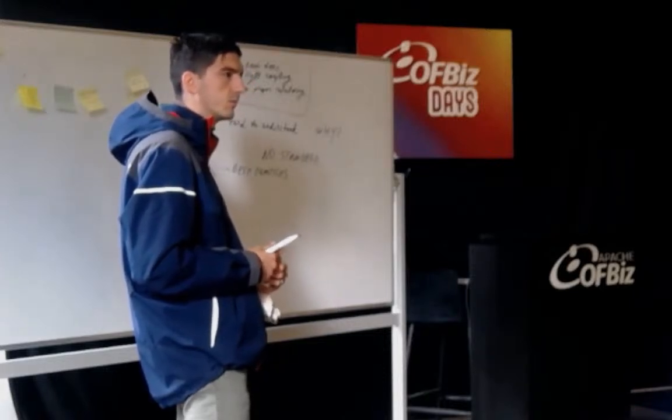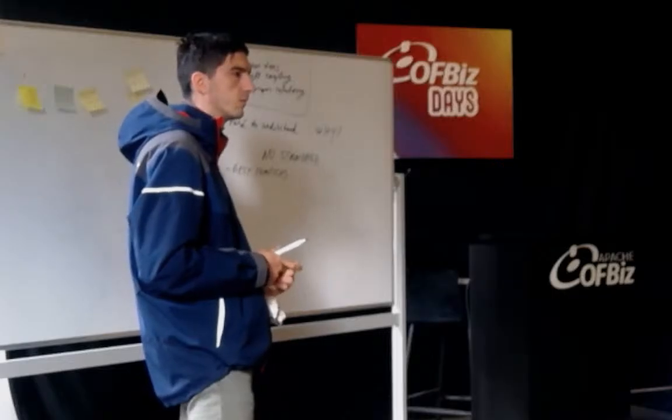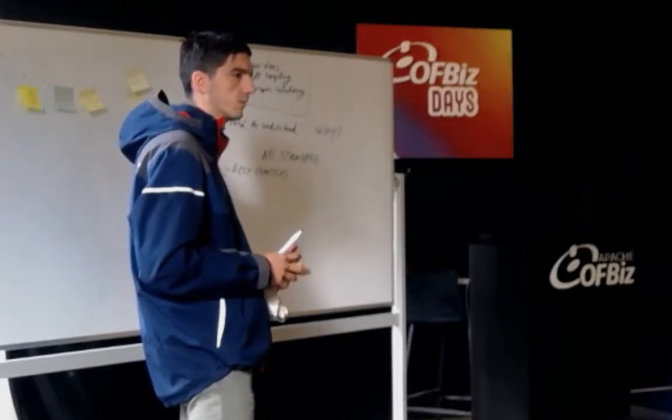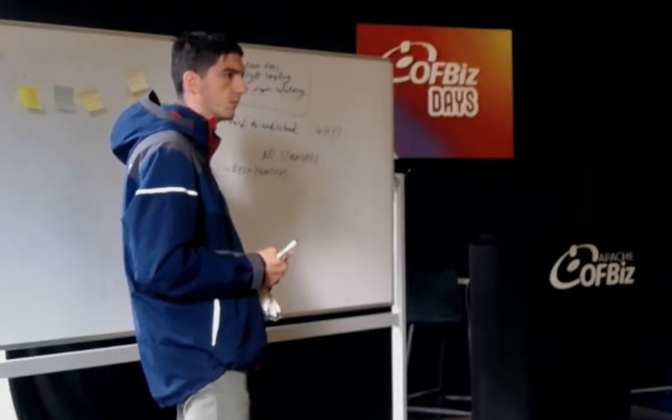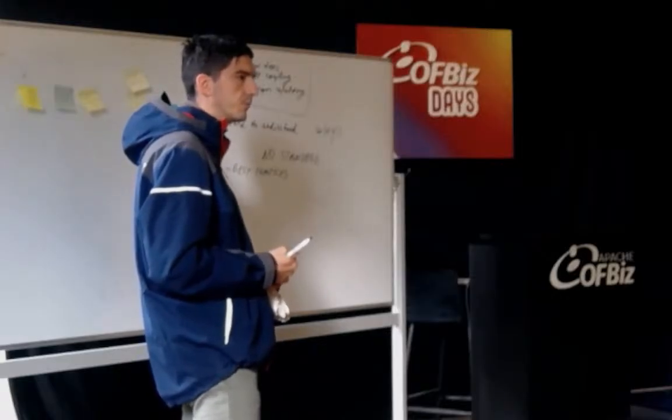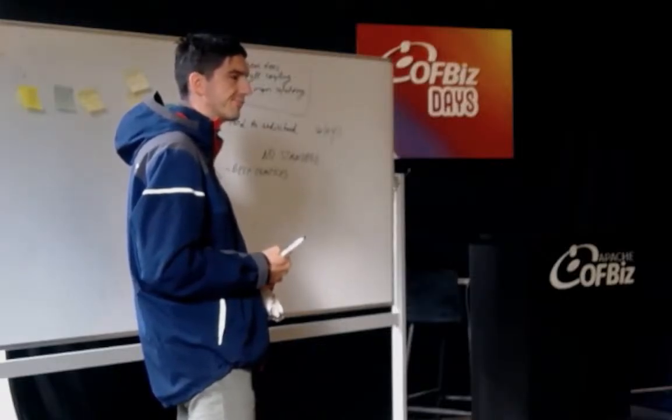So if a new user wants to create a small application, the user is able to copy and paste and create their own entity and their own screen, copying the good code with a good comment.